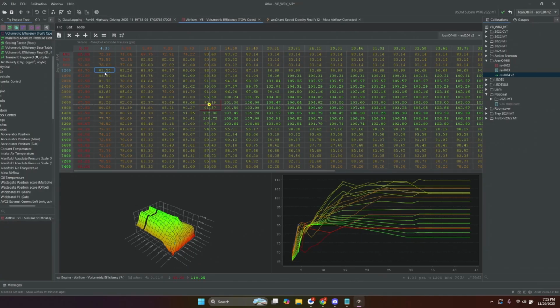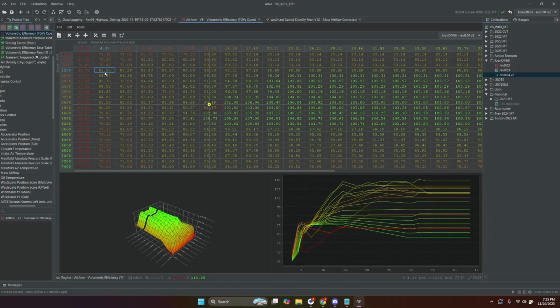The air calculation on stock VE tables simply is wrong, but it can be edited very easily, like we're doing here. It's a fairly easy fix, because it's actually 85.5% of the air that you expect making it into the cylinder versus the 65%.